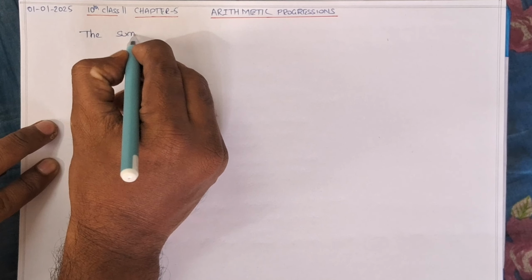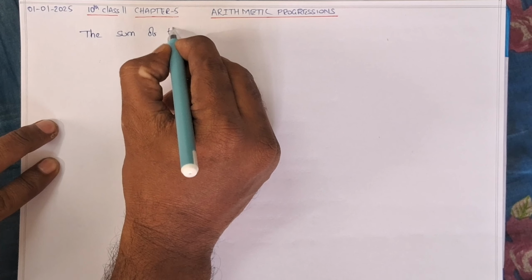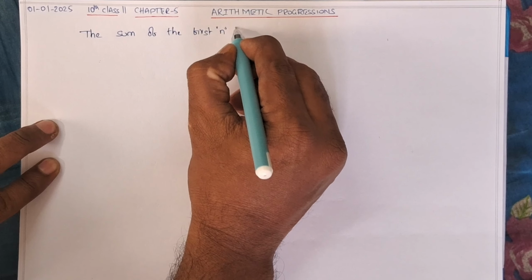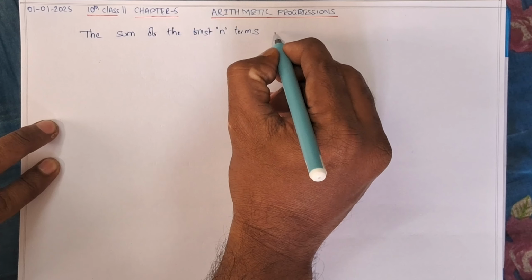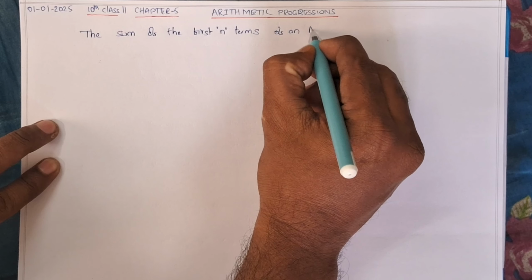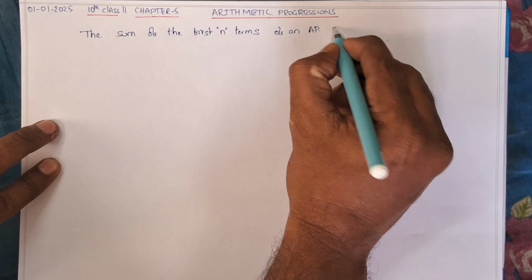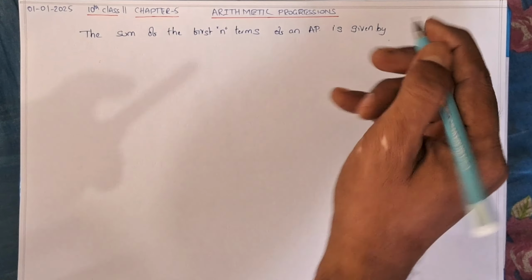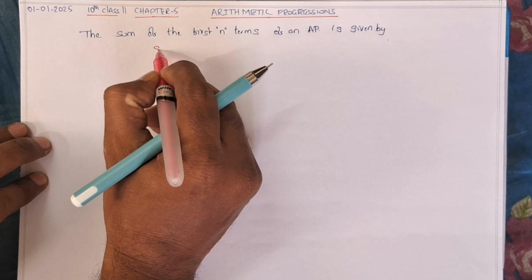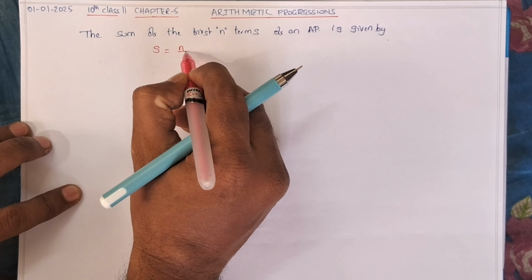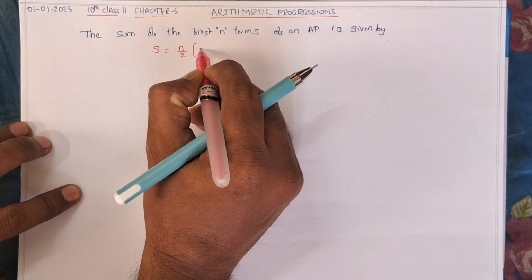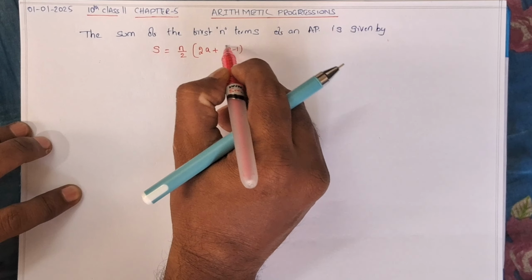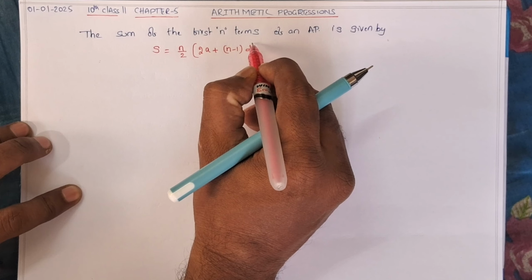The sum of first n terms of an arithmetic progression is given by n by 2 into (first term plus n minus 1 into d).